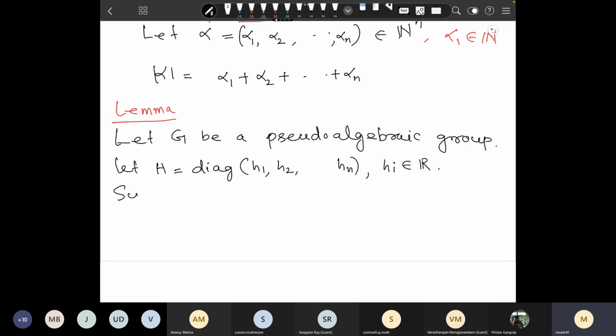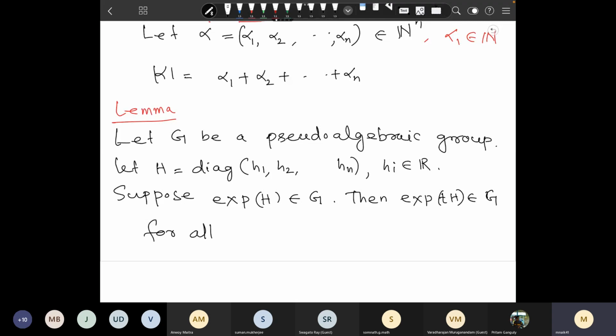Suppose exponential of H belongs to G. Then the conclusion is that exponential of tH belongs to G for all t belongs to R. So look at the statement of the lemma. It says that G is a pseudo-algebraic group and H is a diagonal element whose diagonal entries are real numbers. If exponential of H belongs to G, then exponential of tH belongs to G for all t belongs to R.